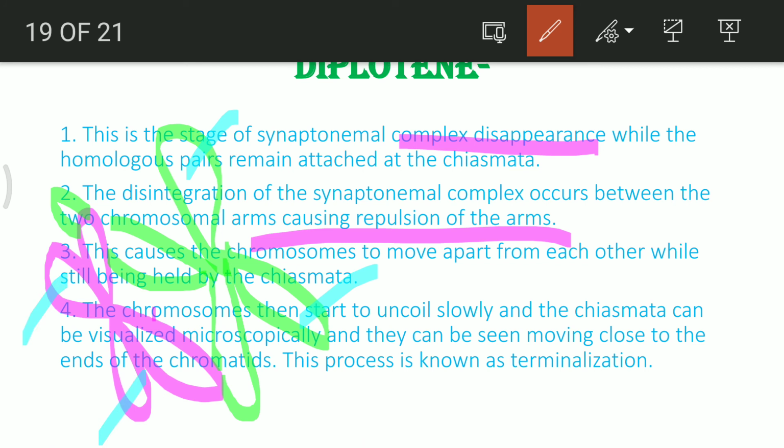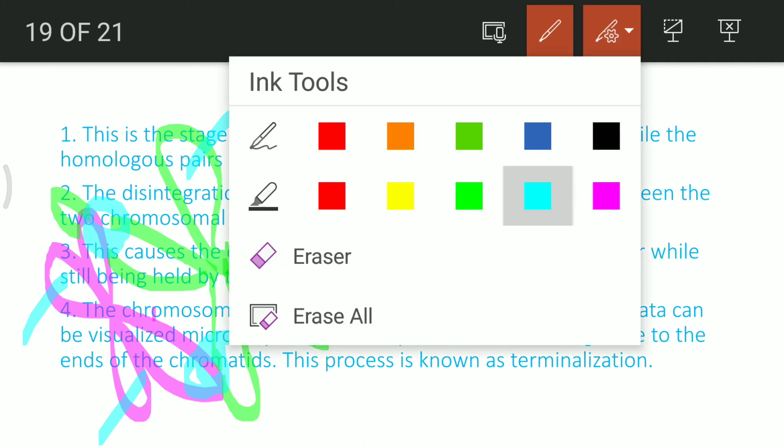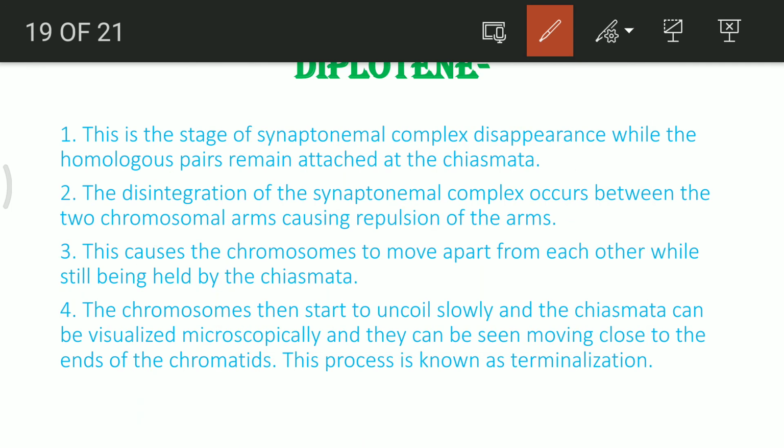But chiasma formation is still there at these sites because these chromosomes are closely held to each other. Chiasma is formed. There is exchange of chromatin material, or alleles, actually occurring at these sites. So over here the exchange is actually occurring, and that's why they are still closely held, and that is what is written over here, that they are held together at the chiasma.